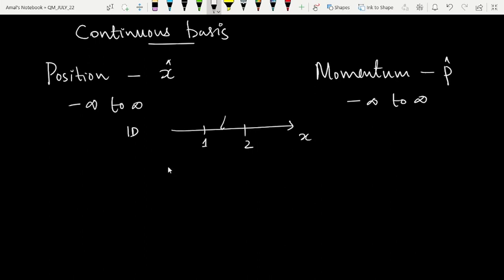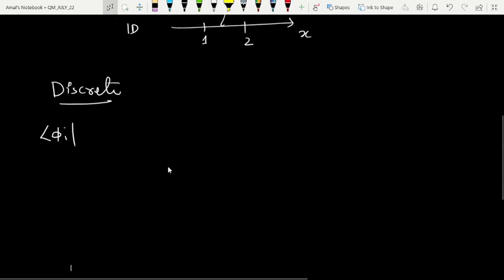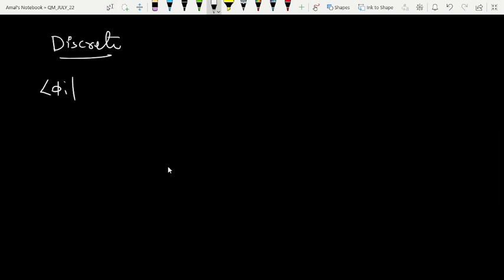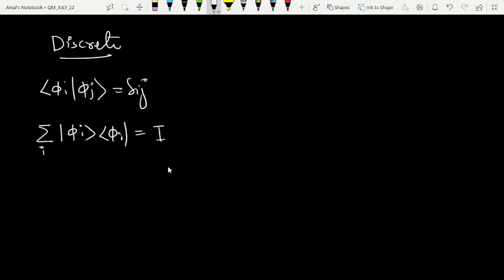So the two fundamental relations we learned in discrete basis are the orthonormality of basis vectors, that is inner product of phi i with phi j is equal to delta ij, and the summation over the outer product of basis vector with itself is I. So these are the two basic relations we learned in discrete basis.